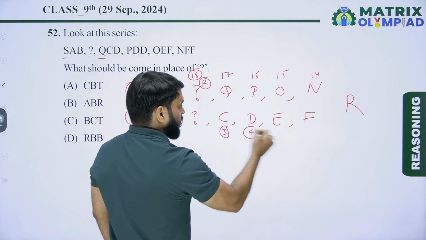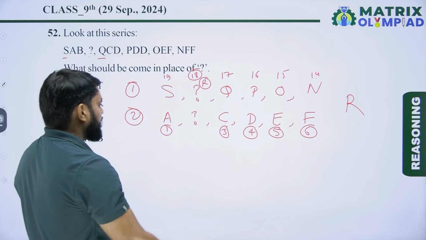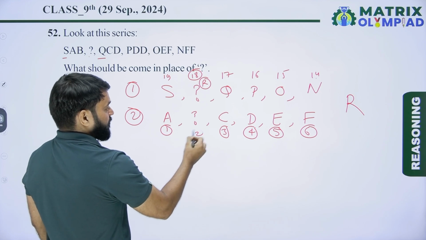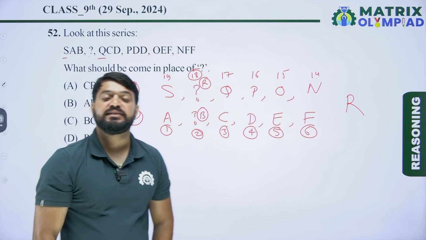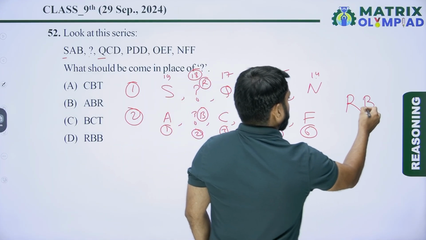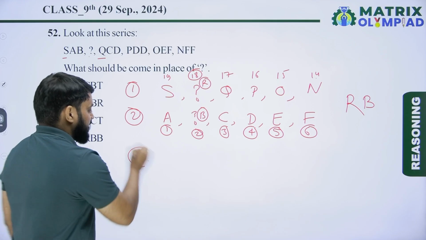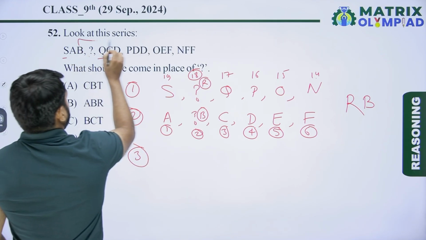Place value of D is 4. Next is 5. After 5 next is 6. So the pattern is 1, 2. Missing is 2. 2 means B. So the second missing term is RB. Now taking the third alphabet of each term. So the third alphabet is B.